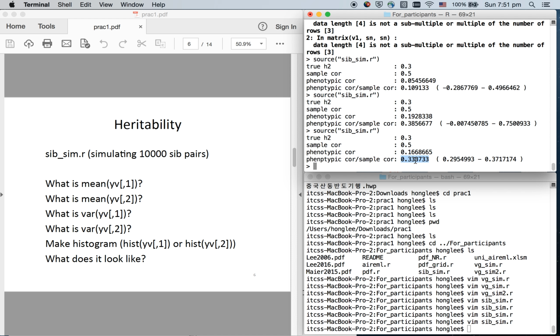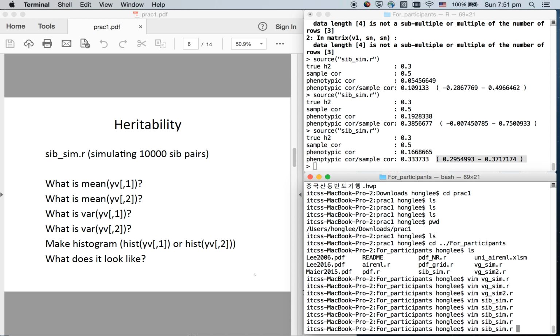So this is the estimated heritability from this design, right? Does that make sense? Within this bracket is the confidence interval, because all estimates have a standard error, and you can estimate the 95% confidence interval.